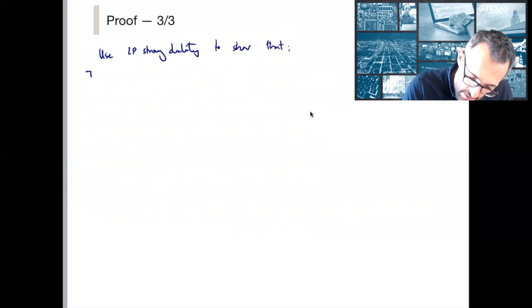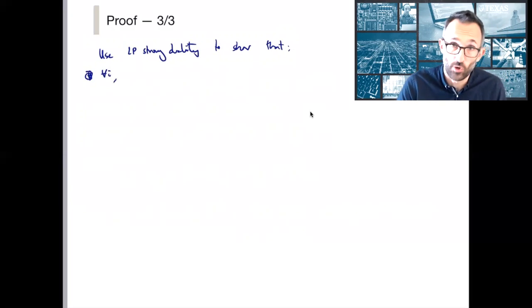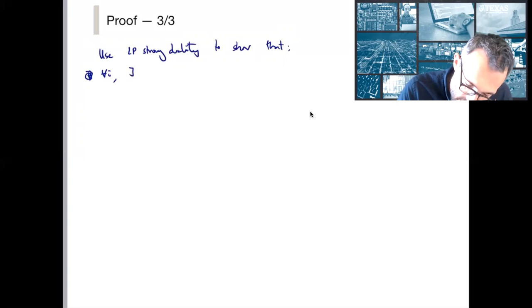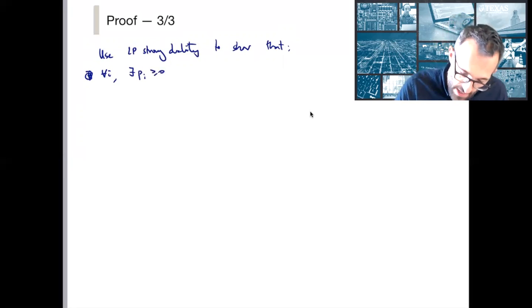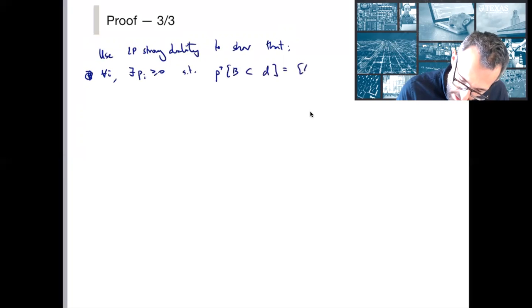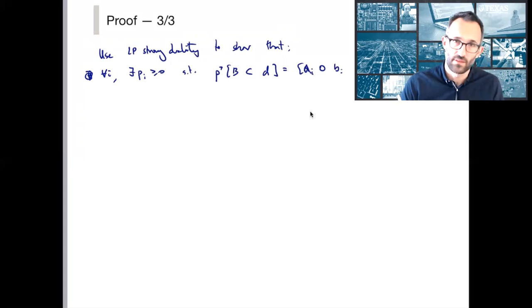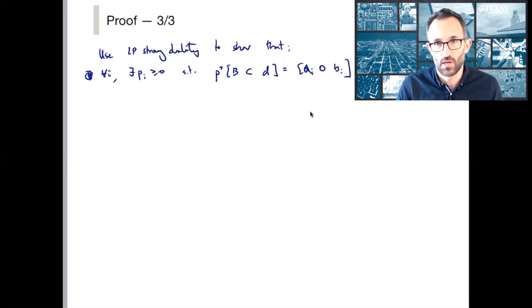To show that for any i, there exists a vector Pi that's non-negative, so that Pi transpose (B, C, D) equals (Ai, 0, bi), where Ai is the ith row. And we're just going to use strong duality.